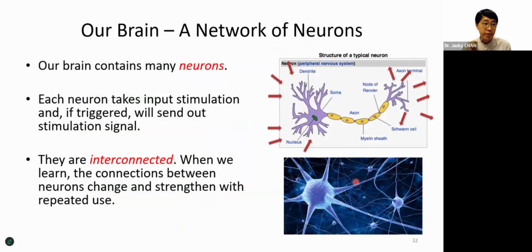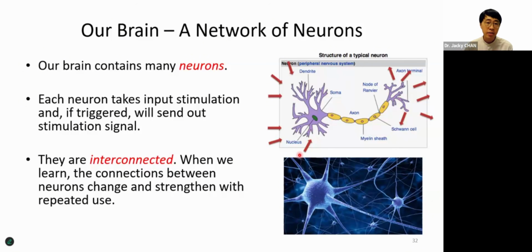Let's take a look at our brain. Our brain has many neurons, just like this. A neuron is a very special type of cell which takes a stimulation signal, and when triggered, sends a stimulation signal as output. And they are all interconnected.